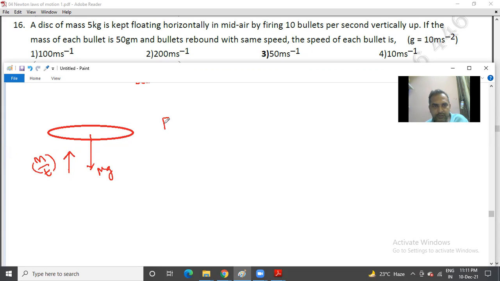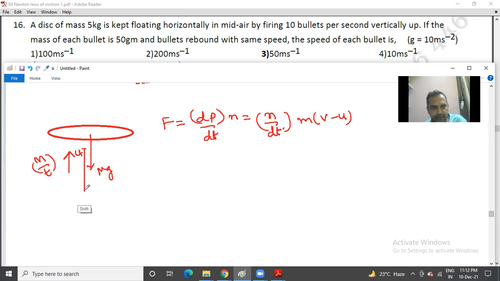Now force is equal to dp by dt, the momentum of n bullets, so you can write n by dt into dp, which can be written as m(v minus u). They said that the bullets hit the disc and come back with the same speed. So the magnitude of u and v is the same but opposite in direction.